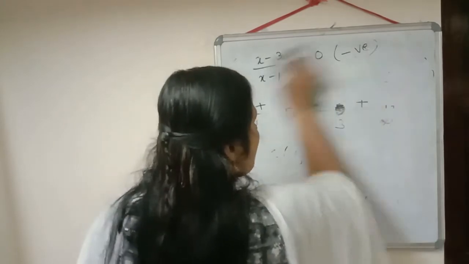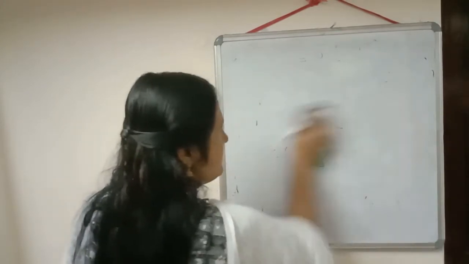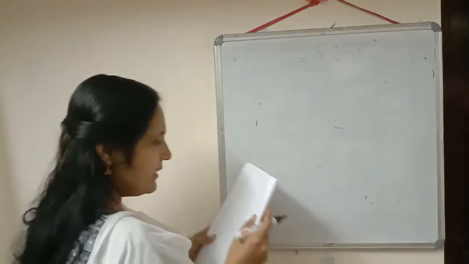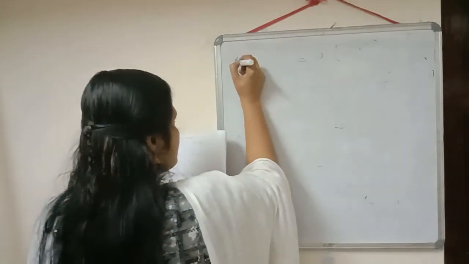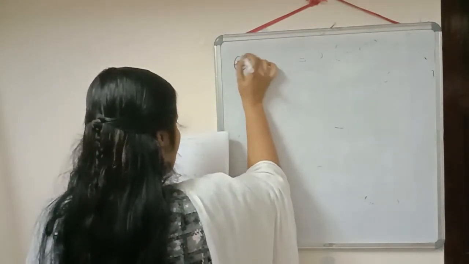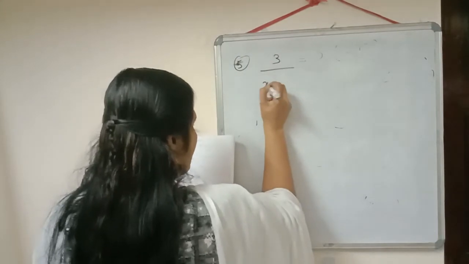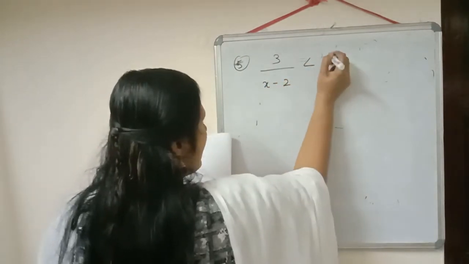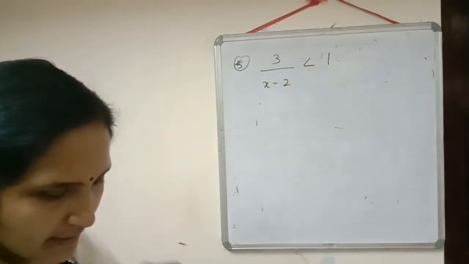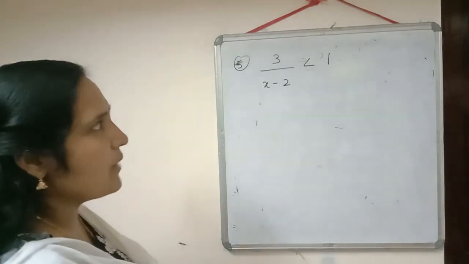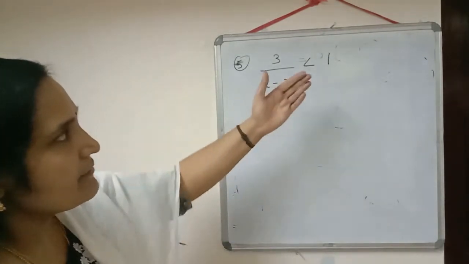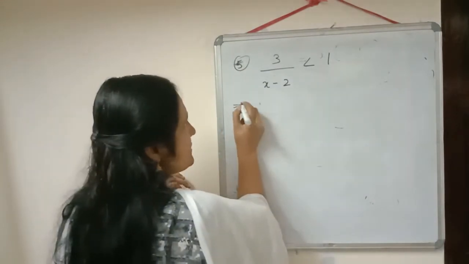Write down the next one. 3 by x minus 2. Next question is the fifth one, I think. Fifth one is 3 by x minus 2 less than 1. So again what we will do first, we can shift that 1 to the left hand side.